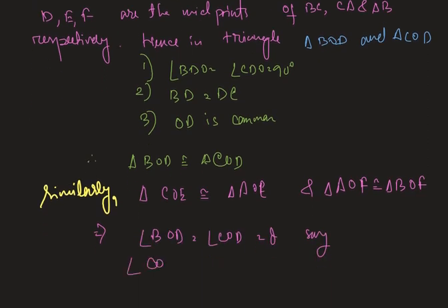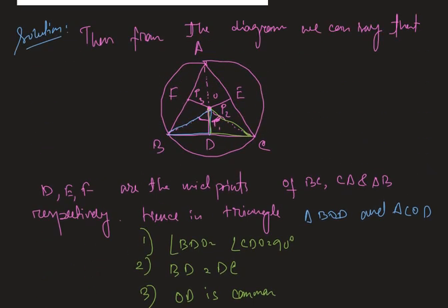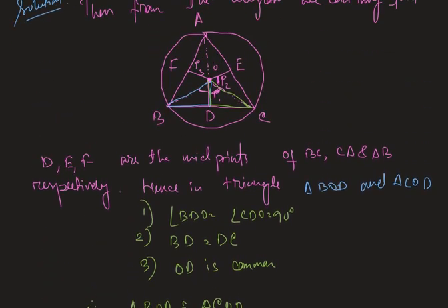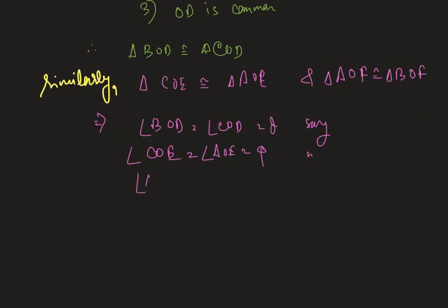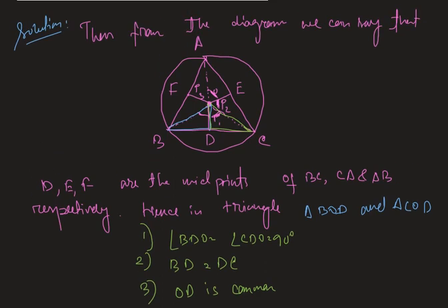And angle COE is equal to angle AOE is equal to phi, say. These two angles are also equal. And lastly, angle AOF is equal to angle BOF is equal to psi, say. These two angles are also equal.